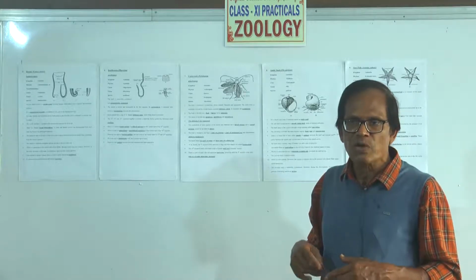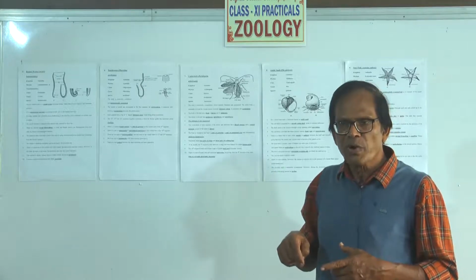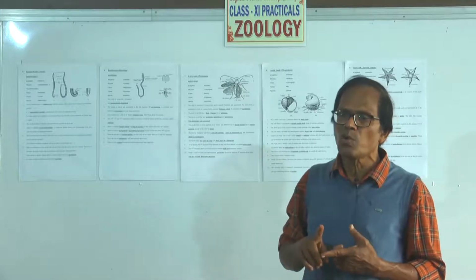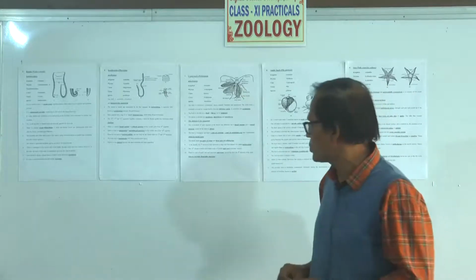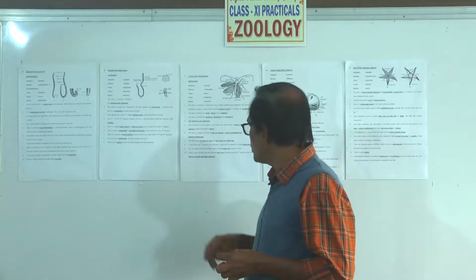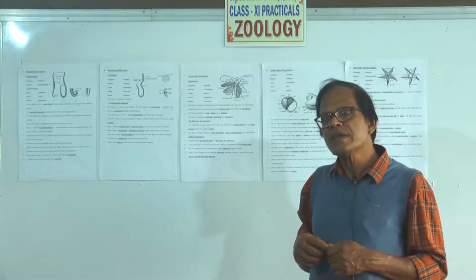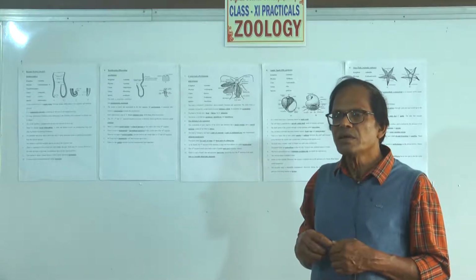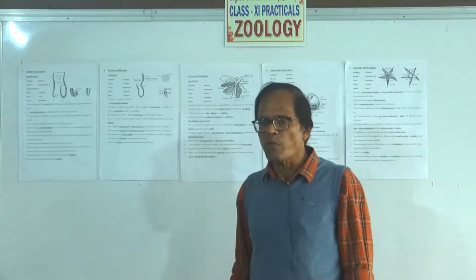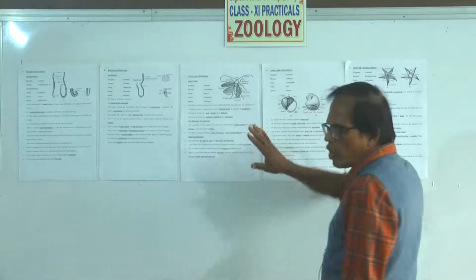Anal styles are not present in the female cockroach. Where does it originate from? It originates from the ninth sternum only in the male cockroach. This is a pair of anal styles. So the hypogynium in the female and the anal styles in the male together constitute important sexually dimorphic characters. This is all about cockroach.